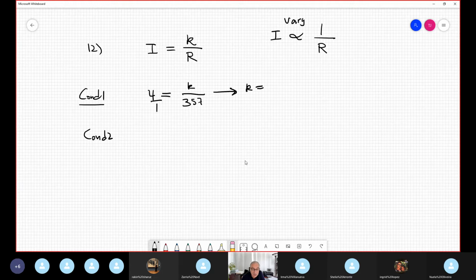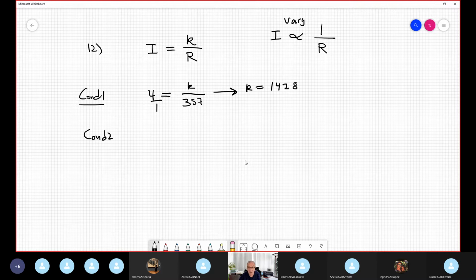One time K is K, and this times this. I put it in my calculator, of course. 357 multiplied by 4 is 1,428. This is my K value.